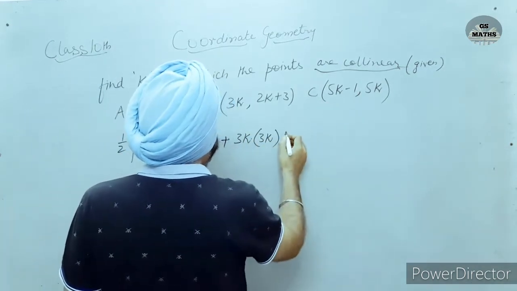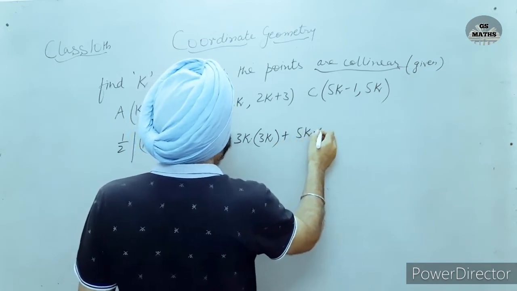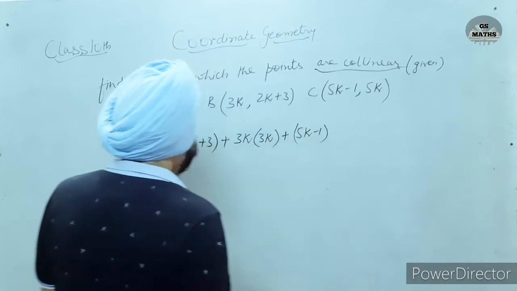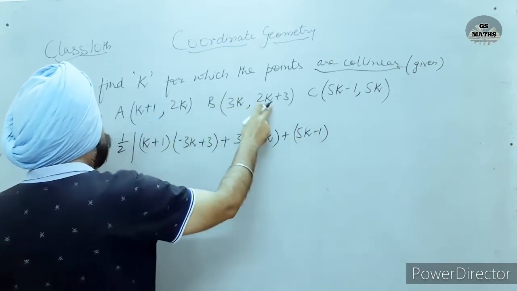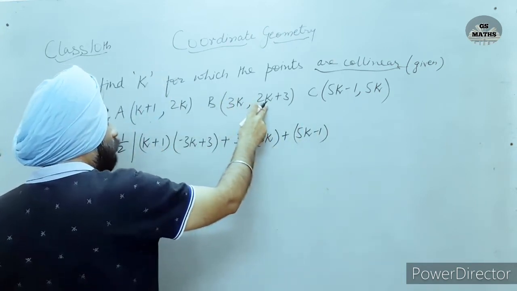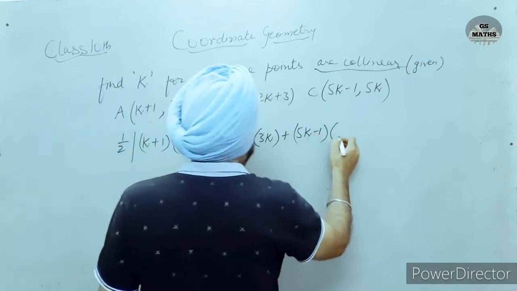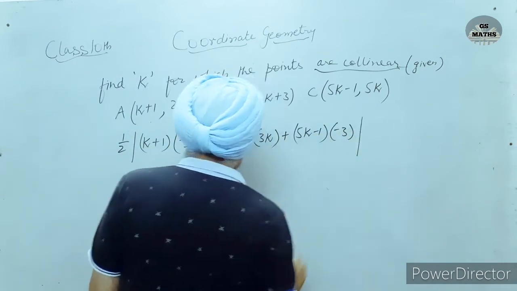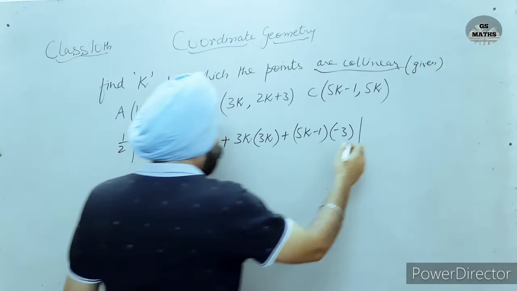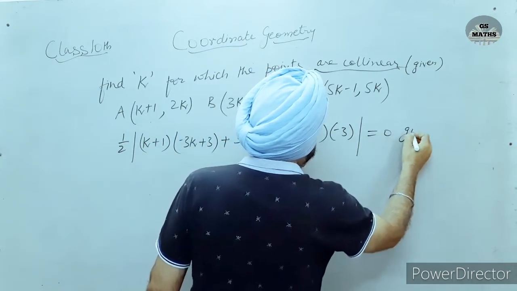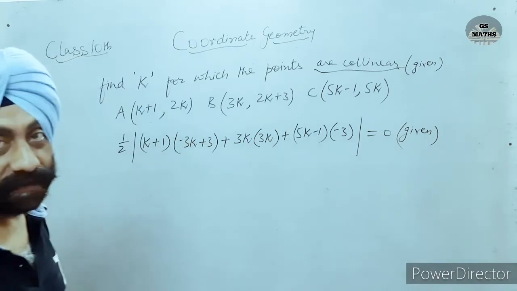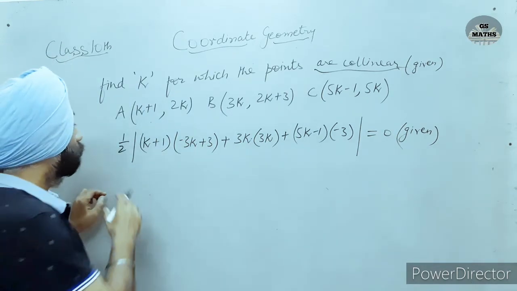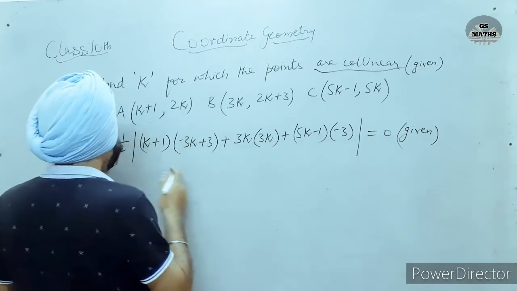Next is plus (5k minus 1), x3, times y1 minus y2, 2k minus 2k cancels, minus 3 is left, minus 3, like this. This is given equal to 0. This is given to us because the 3 points are collinear. Now the half goes over there, it becomes 0.